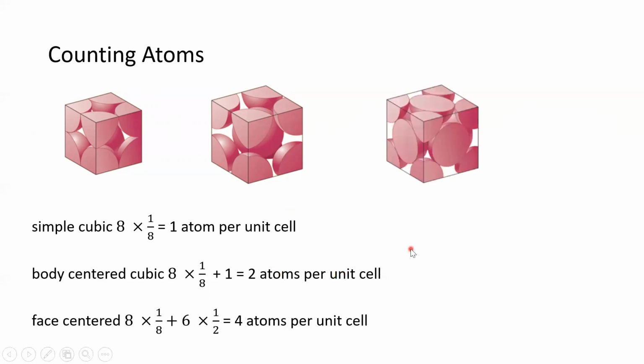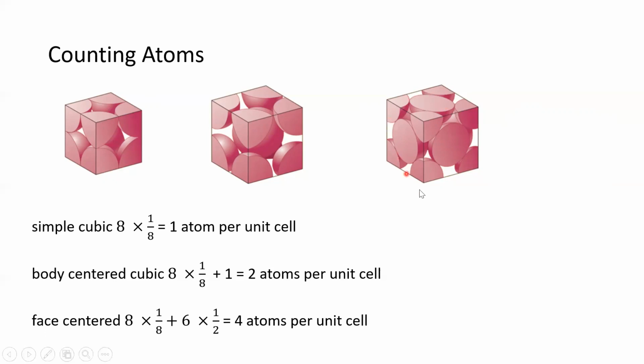And if we were to look at a face-centered unit cell, there isn't any atom way in the middle of that unit cell. But there are 8 corners, each containing 1/8 of an atom or an ion. And there are 6 sides, each containing half of the atom or the ion.